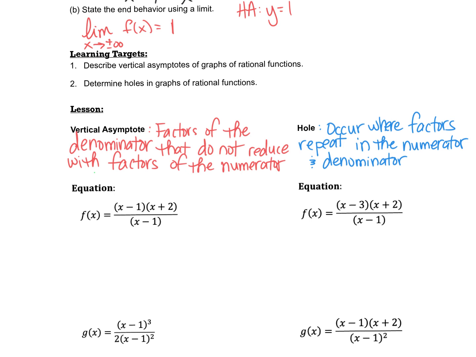Vertical asymptotes will always be in the form x equals a number. We'll call that number a. So anytime you're asked for an asymptote, it is a linear equation. You want to be sure that you write it in that form, x equals a.